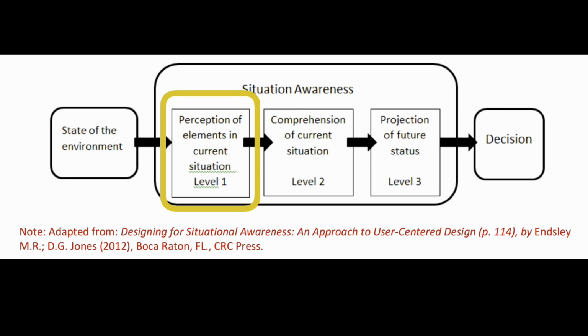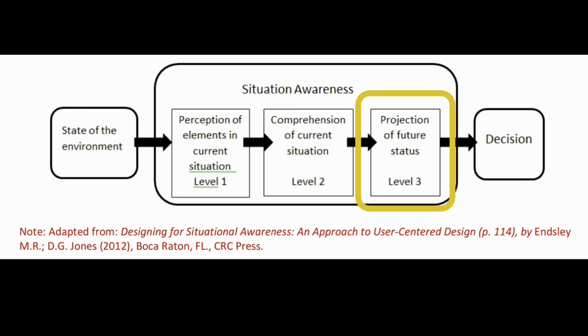You've got level one, the perception of the elements in the current situation. You've got level two, the comprehension of the current situation. And then we've got level three, the projection of the future status. So with all of this combined making up situational awareness, the operator can move forward in making a decision.